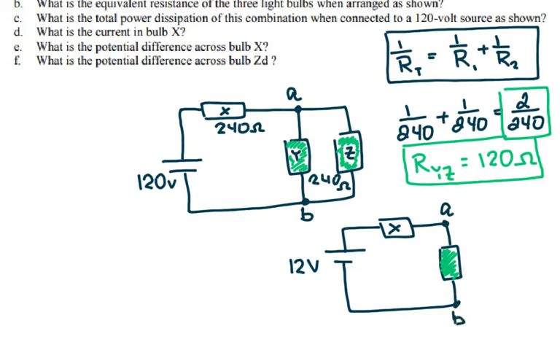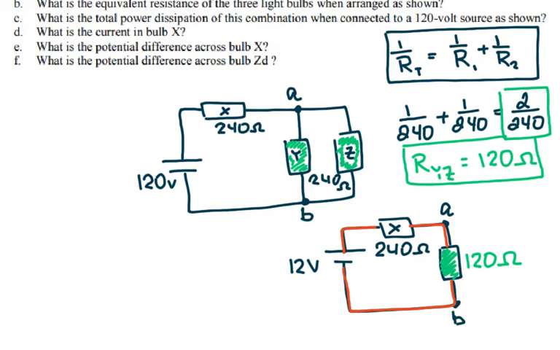The equivalent resistor of this one is 120 ohms, but the resistance of the other one is still 240 ohms. Now these two are connected in series. They are sitting on the same line.